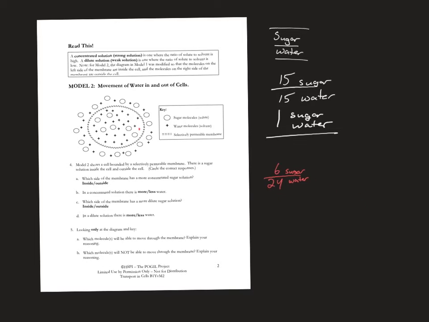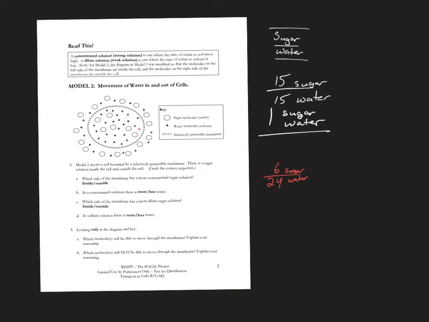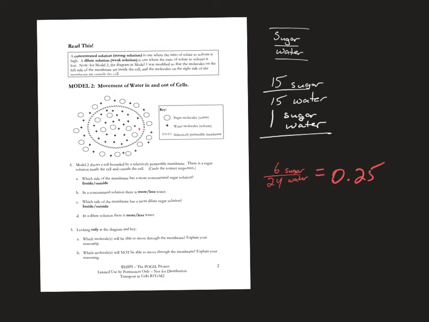So 6 divided by 24 is not 1. 6 divided by 24 would be 0.25 sugar, so 0.25 sugar for every water molecule. All right.